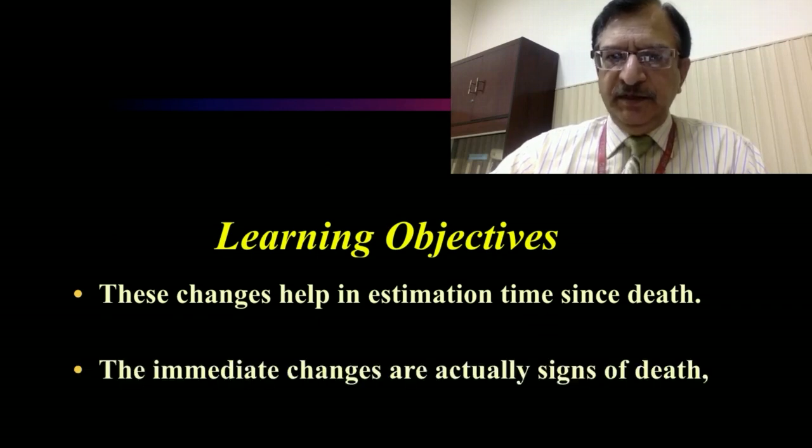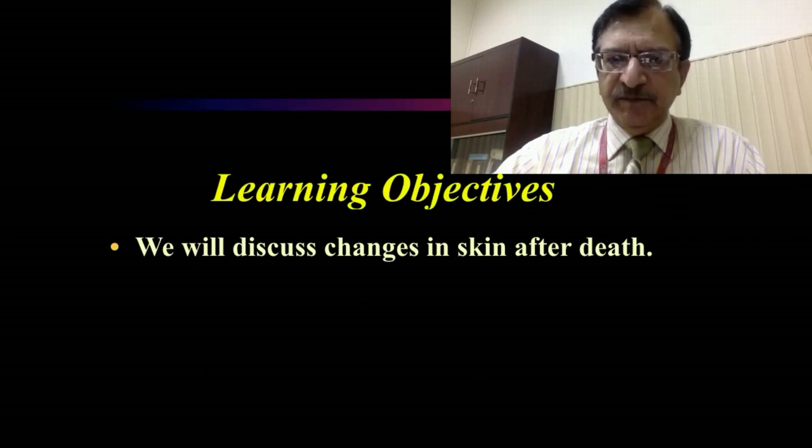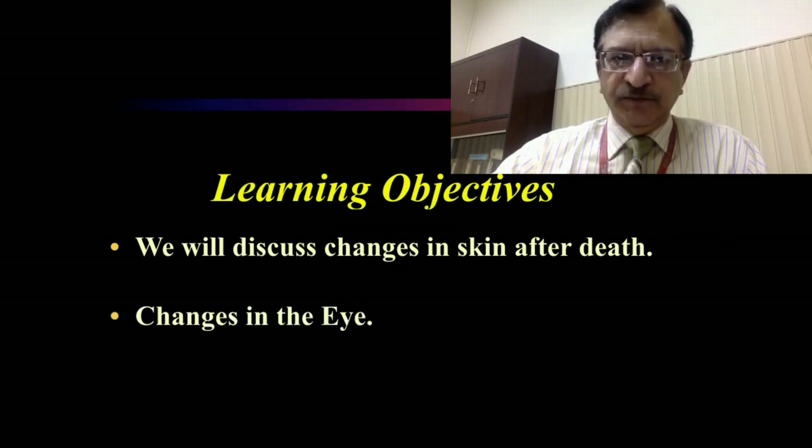And the immediate signs or immediate changes are actually the signs of death, and they are important for us to know. Then we'll discuss in this lecture the changes which appear in the skin, which are the immediate and sometimes the early changes also.